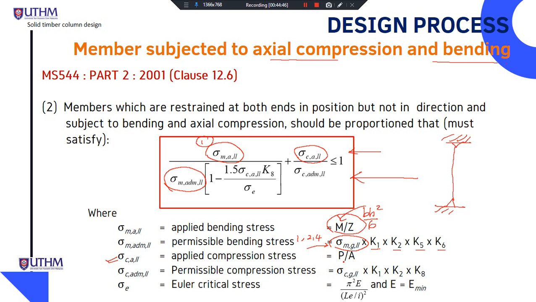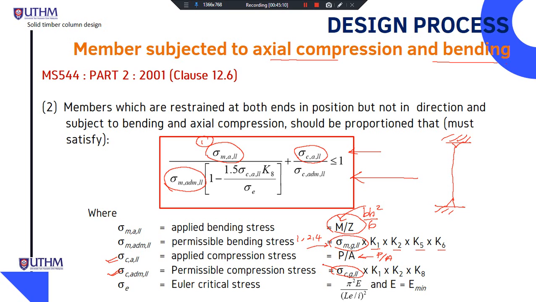So applied compression stress is calculated using compression loading, the axial load divided by cross-sectional area, divided by A. Next is the permissible compression stress, which is equal to compression parallel to grain.